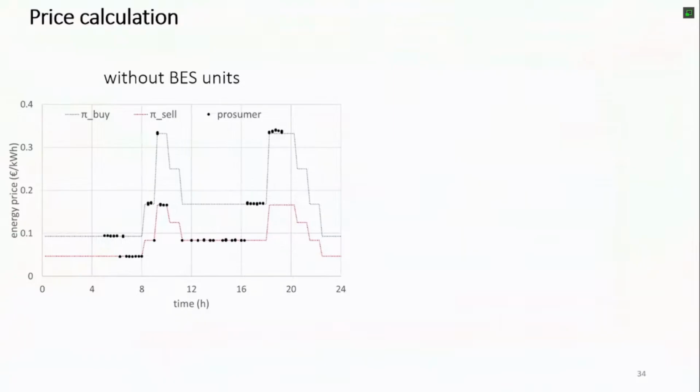And the dots are the prices of the transactions in each period between the members that are transacting in that period. Okay? So those are the dots. Obviously, in many periods there are no transactions, so there is no price.